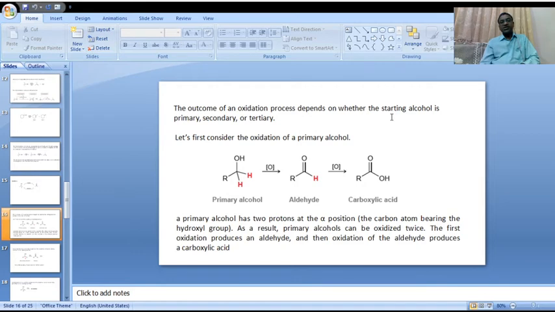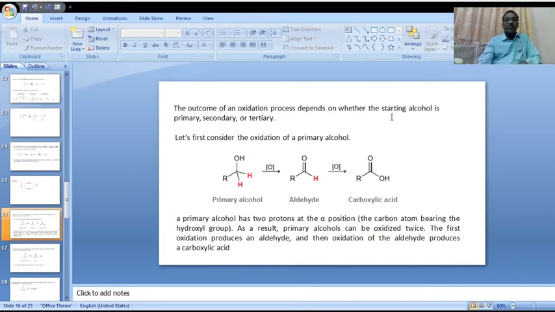Let us first consider the oxidation of primary alcohols. Now, what changes occur from primary alcohols on oxidation? We will discuss the mechanism for this reaction next, then go to secondary and tertiary alcohols.